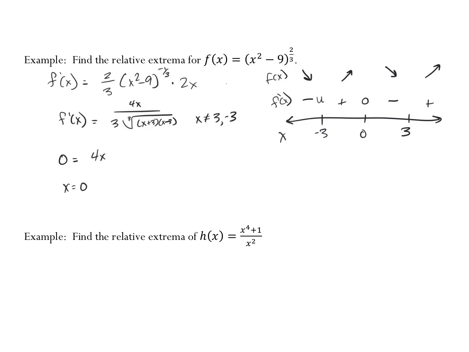So if you had to guess what's going on here, what does it mean if the function is defined at x equals negative 3, but the derivative is not? A cusp. So we would expect it to go down, cusp, come back up into a smooth curve, because the derivative is defined here. And then it comes down to another cusp, and then goes back up. We're just trying to make some sense out of all of that, right? Okay.